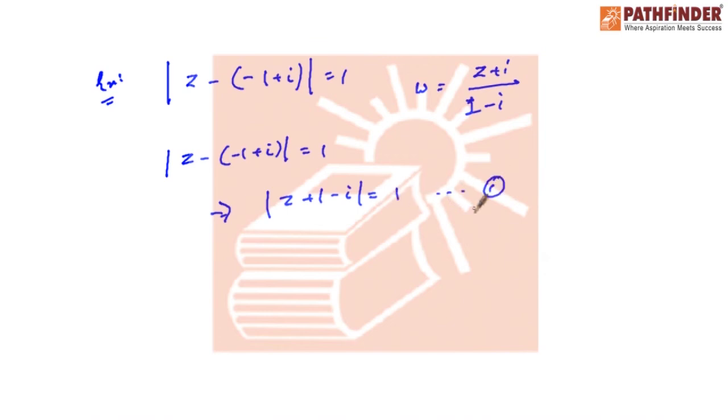Also, it is given that w is equal to (z plus iota) by (1 minus iota), which implies that (1 minus iota) into (w minus iota) equal to z.